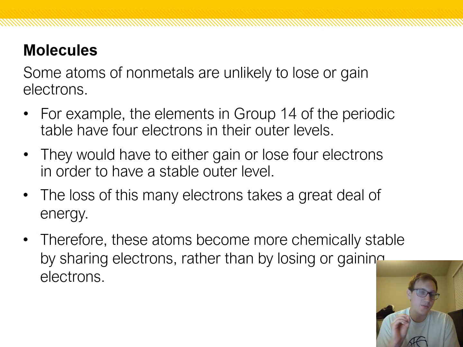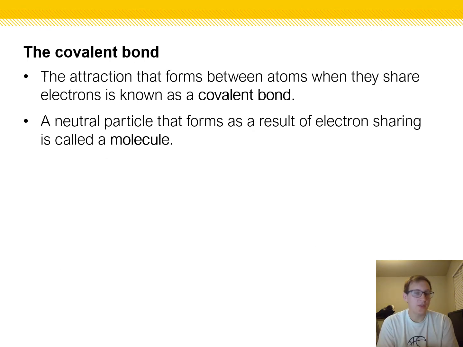So instead of losing or gaining, they do something different where they share with other atoms, and it forms outer shells that are all full. And when they do that, that is called a covalent bond. Notice the words in here.